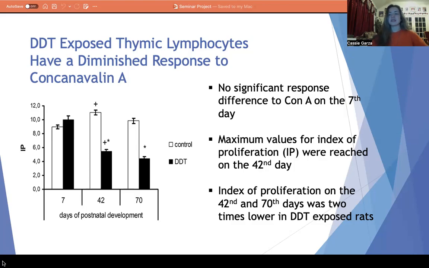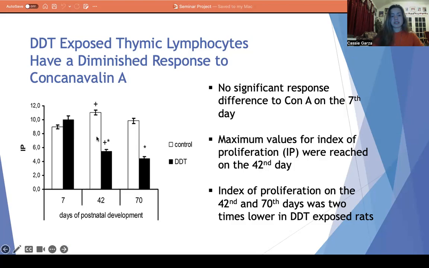So at the 7th day here, we can see that the proliferation rates of the DDT sample are just slightly higher than the controls, but there's no statistical difference there. Moving on to the 42nd day, we can already see a huge jump. You see that the control actually increased some, and the DDT exposed samples decreased significantly, probably almost by half, it appears.